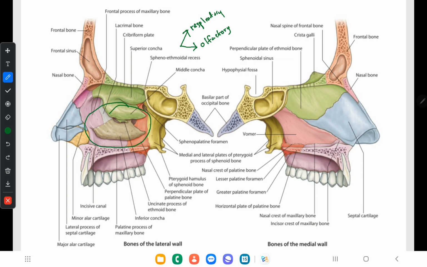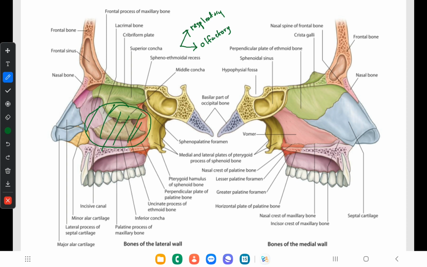This part is for the respiratory function. It is supported by adjacent lamina propria containing numerous nasal glands. Those nasal glands are the serous glands and mucus glands, and the cavernous venous plexuses. This mucosa covers the major part of the lateral wall, septum, roof and floor.